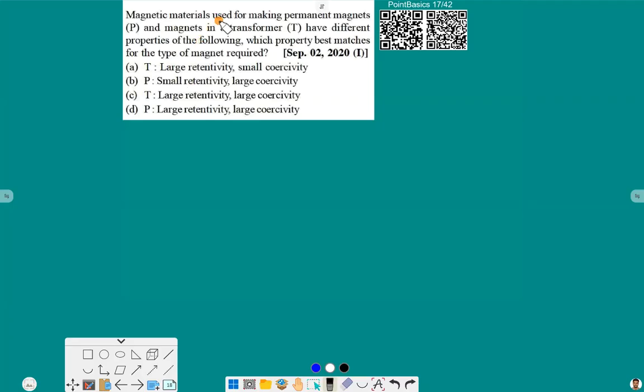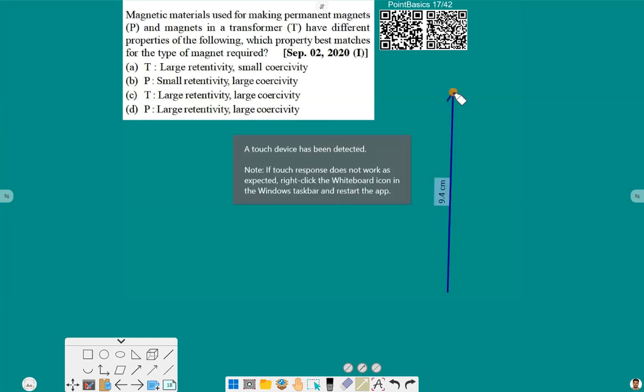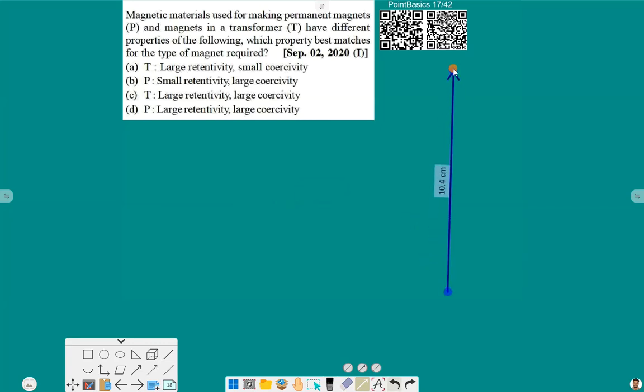Magnetic materials used for making permanent magnets and magnets in the transformer have different properties. Which property best matches the type of magnet? And here we have been asked about the retentivity and coercivity graph. So first, let's plot the graph so that we will be able to understand.